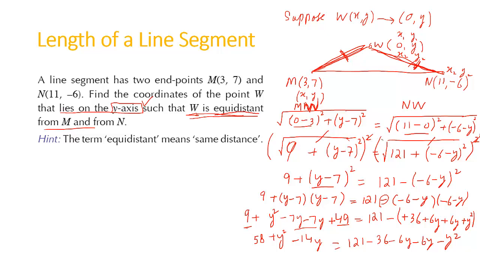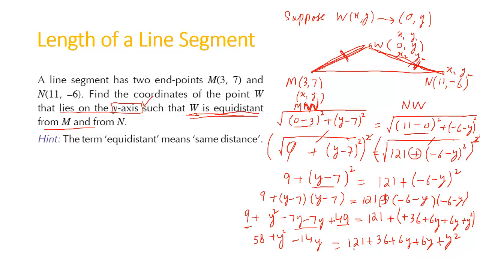I think I made some mistake here. Look here, it was a plus sign here, and it should be a plus sign here. As there is a plus sign, the signs will not change.